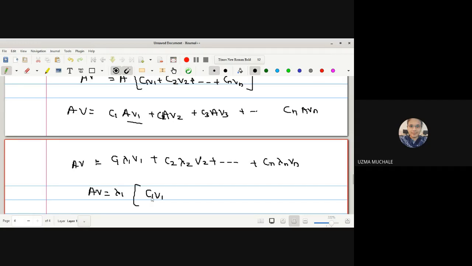We can write it in the form of lambda 1 times c1 v1 plus c2 lambda 2 divided by lambda 1 v2 and so on, cn lambda n divided by lambda 1 vn.